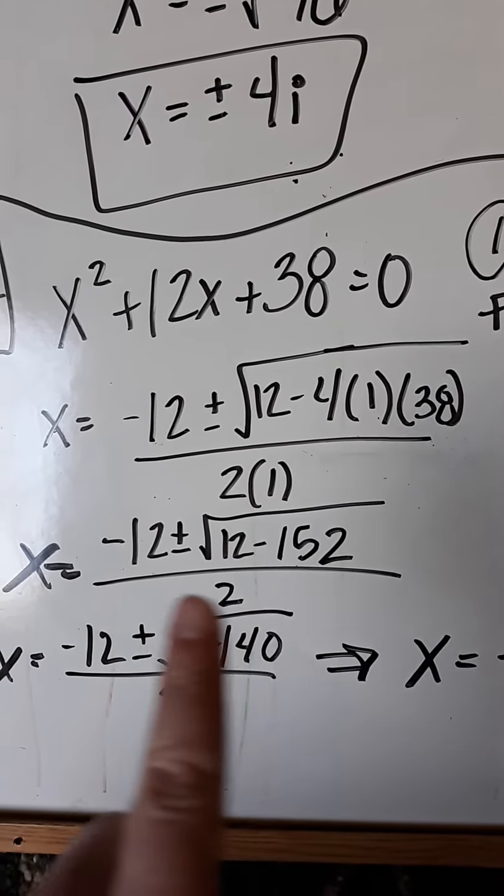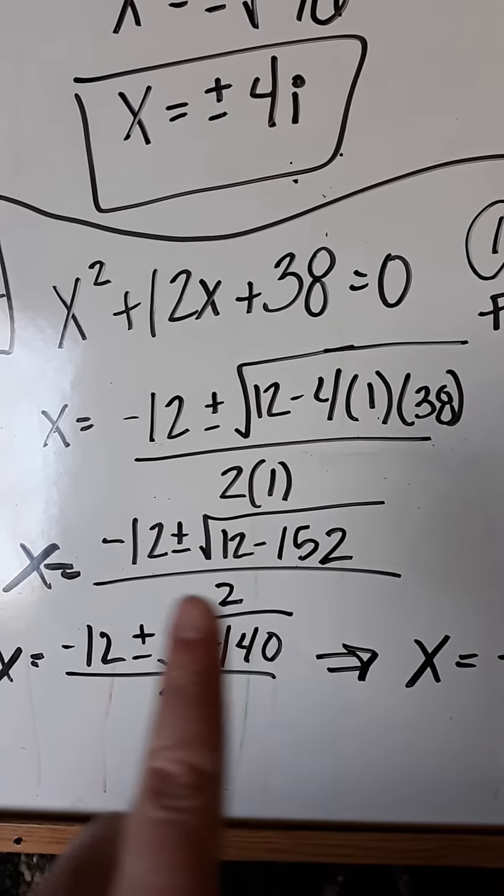From here, I now have two answers, but that's a whole lot to be looking at. So I came over here and I saw that there was something weird under here. There was a negative. We can't have the negative because, going back up to the previous question, there's no negatives. It turns into imaginary.